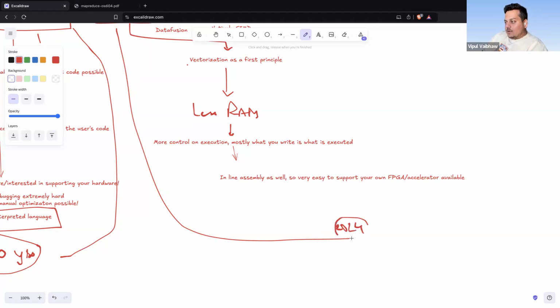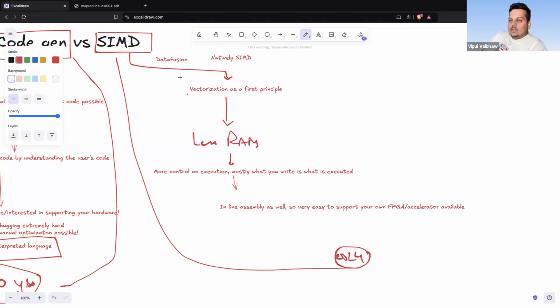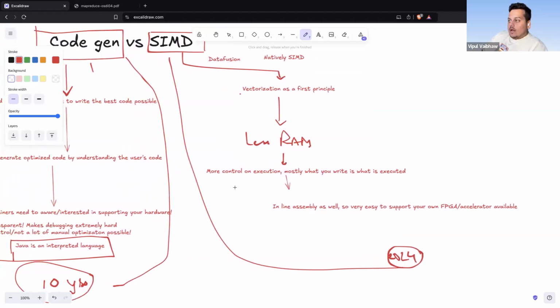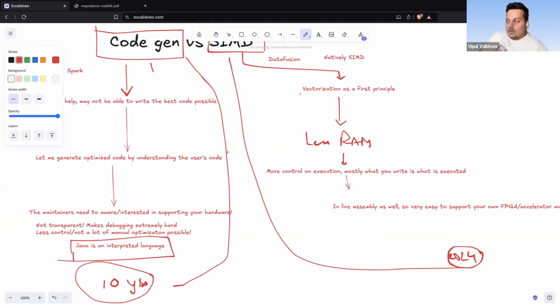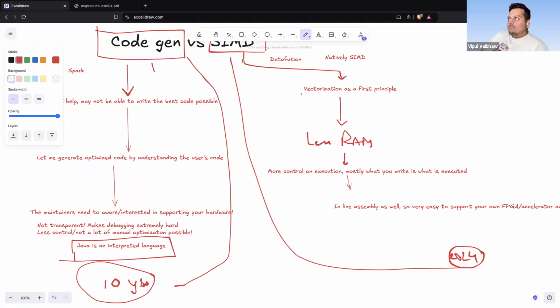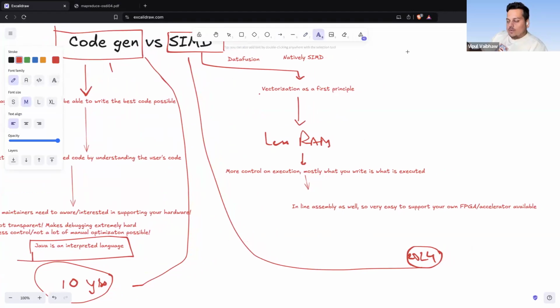A lot of the companies are using Data Fusion to extend things out because Data Fusion is just a query processing engine, extremely optimizable. So we have got these two approaches. Andy Pavlo, who is a CMU database professor, if you are into databases, that is the lecture you should see.